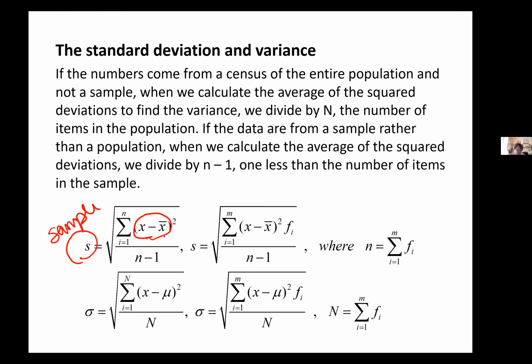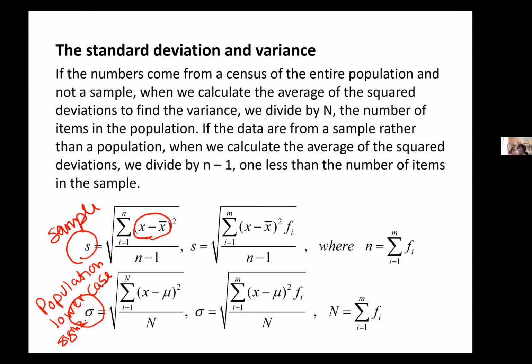It makes a difference. So if it's a population, we use the Greek letter sigma, the lowercase sigma. In this case, you do the same thing. You take each of your data values and you subtract from it, and now we have another Greek letter.